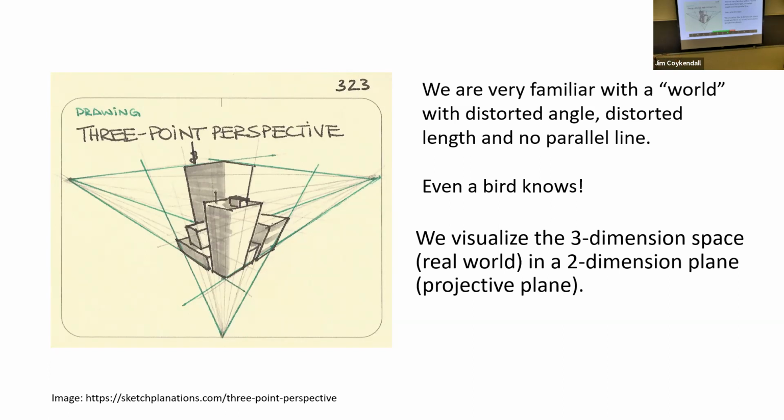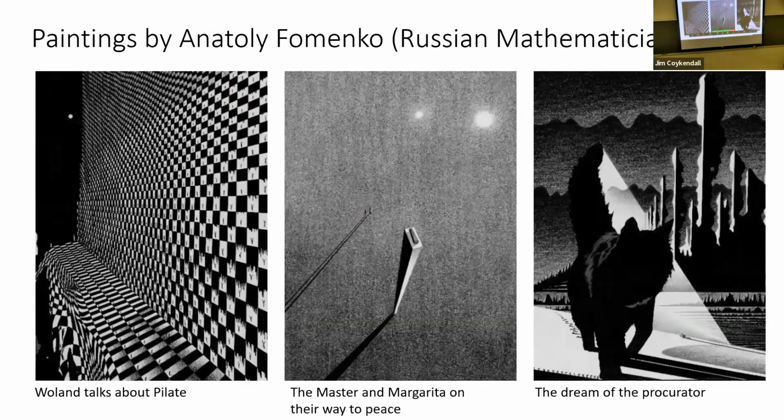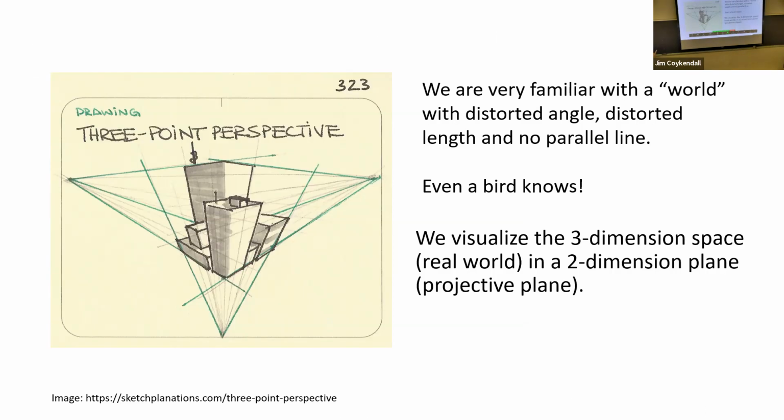So we know some space like this, with funny parallel lines, funny angles, funny lengths, but we know that. This one is called perspective, when we project the three-dimensional space to the two-dimensional space.